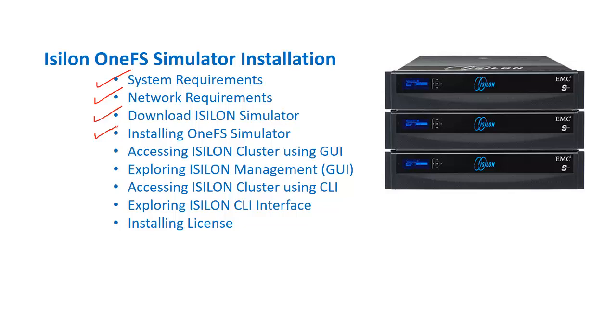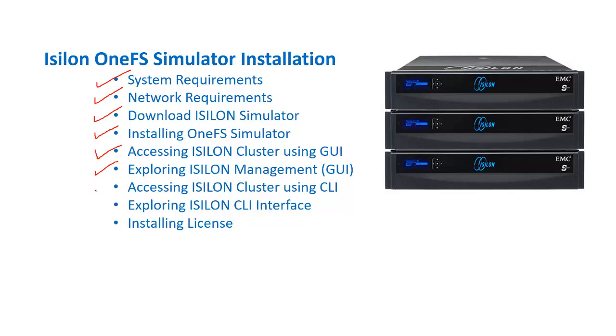Once the simulator is installed and the cluster is built, then we can see how to access the cluster using the graphical user interface. And then we will explore the GUI. So what is there on the graphical user interface and what services we can configure on it. These things we can see here.